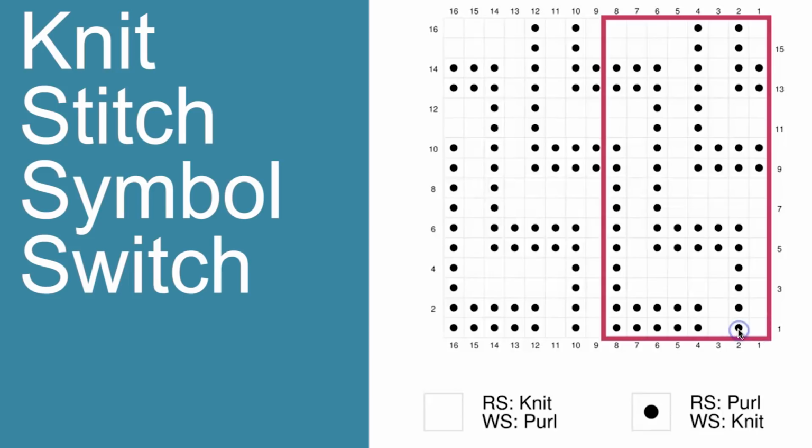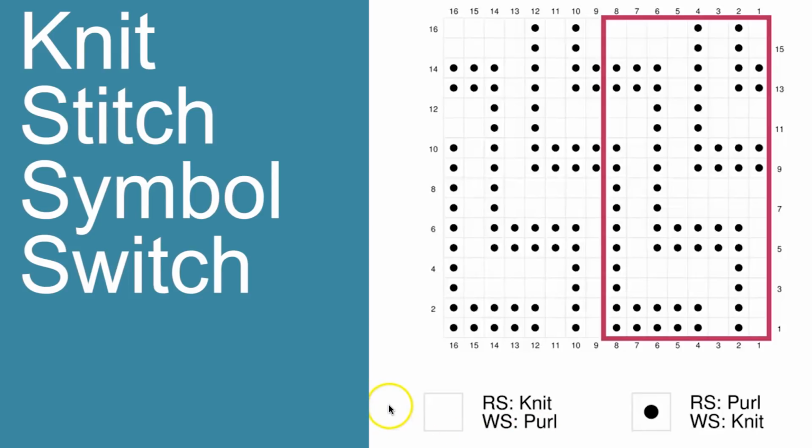But you'll see when we come back around on the even numbered side, we're knitting the wrong side of the work. So the symbol actually switches. So every time you see a dot, this time you're knitting, and every time you see a blank spot, that's when you're purling.